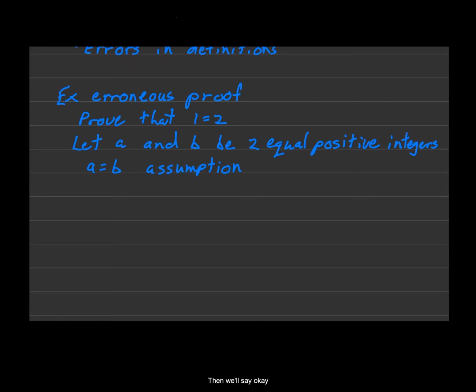Then I'm going to multiply both sides by A. So this will be A squared is equal to A times B. And our reason for this is multiply both sides by A.